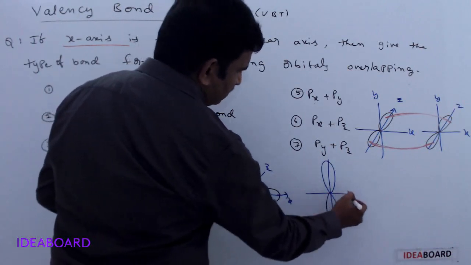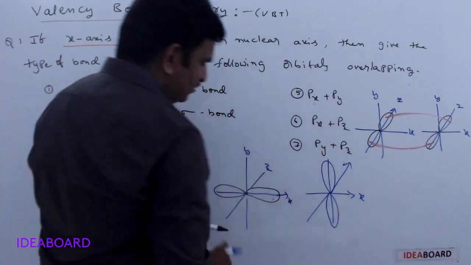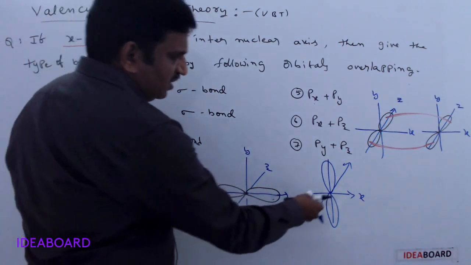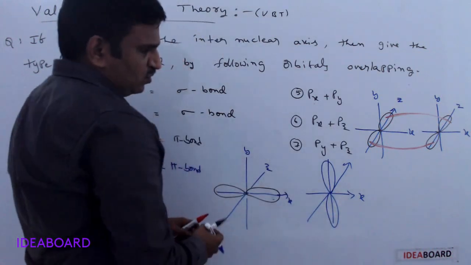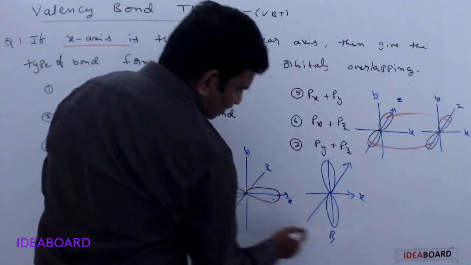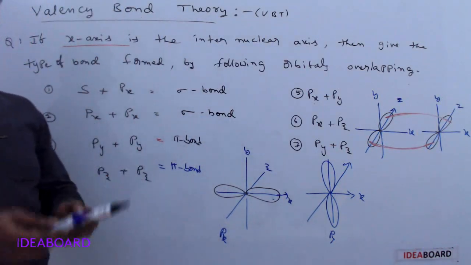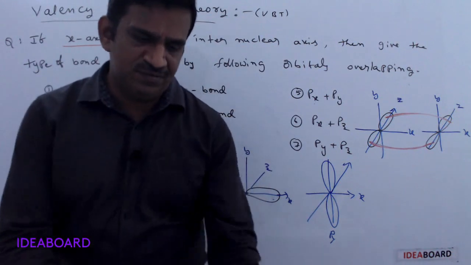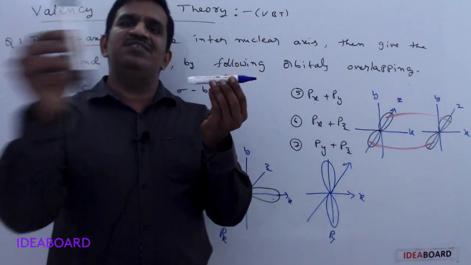So this is the x-axis direction and this is the z-axis direction. Sorry, the py orbital direction is this one. So this is the py orbital and this is the px orbital. My blue colored marker is the px orbital, and the py orbital is this one.